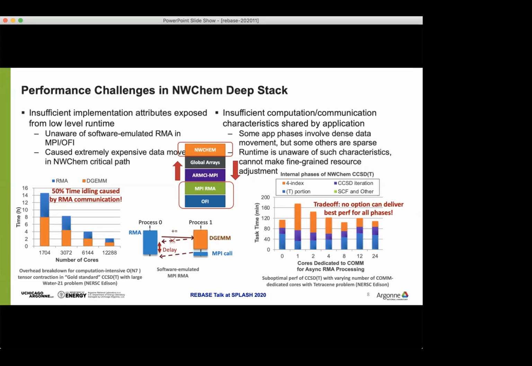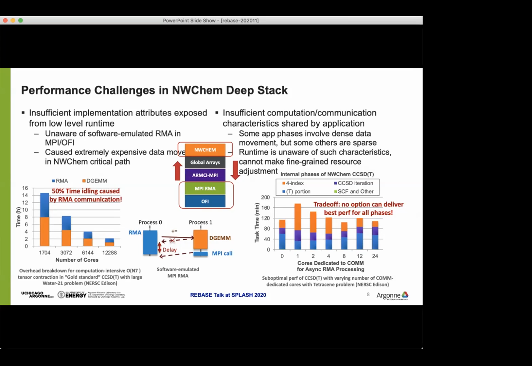But in NWChem, such a complex application, we see that some of the phases involve heavy data movement, while others are on the other side. For example, they rarely issue communication and spend most time in computation.